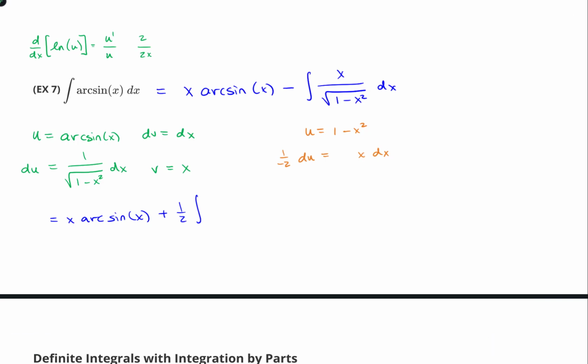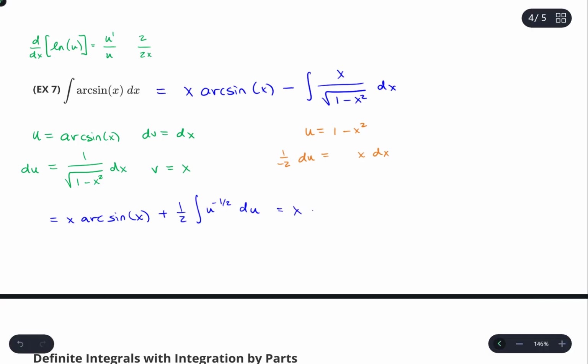And all of this gets replaced with 1 over the square root of u, which would be u to the negative 1/2 power. And I skipped a couple steps there, but if you need to see them, you can go off to the side and sketch them out. I think you can handle it at this level.